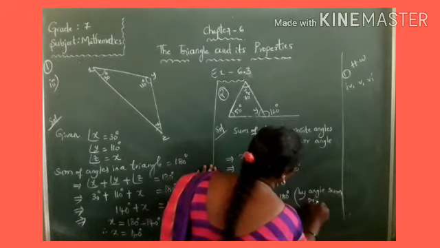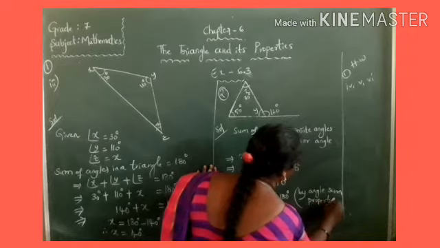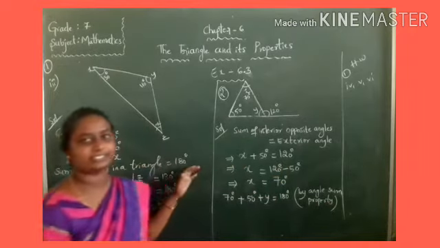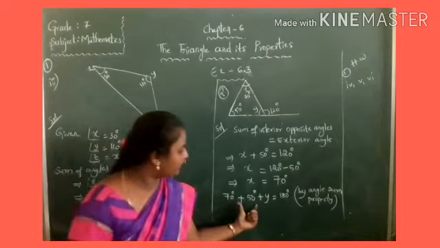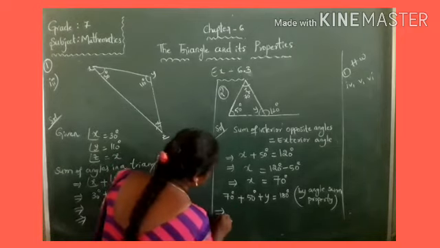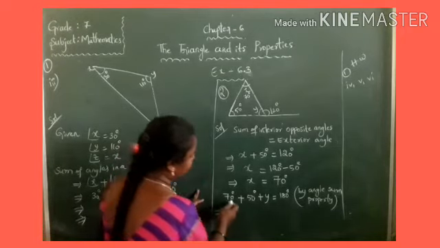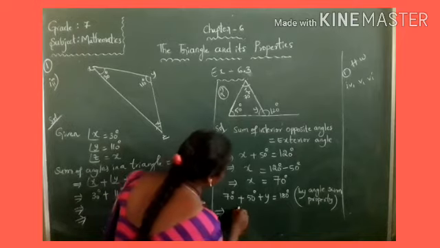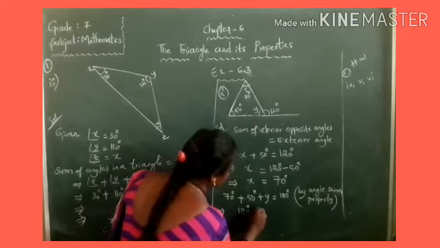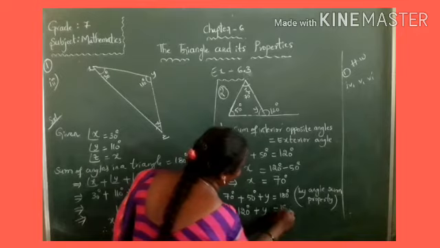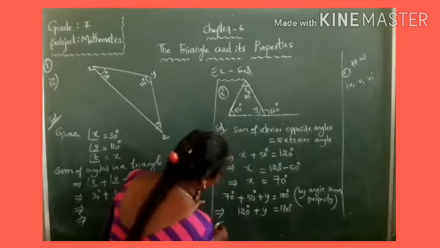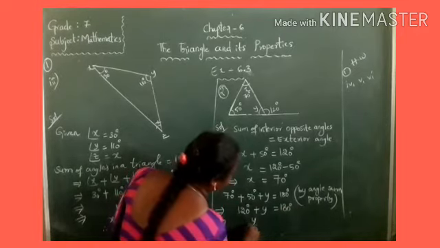Angle sum property means sum of angles in a triangle is 180 degrees. Now these two sum: 70 plus 50, 120 degrees plus y is equal to 180 degrees. We have to find the y value.